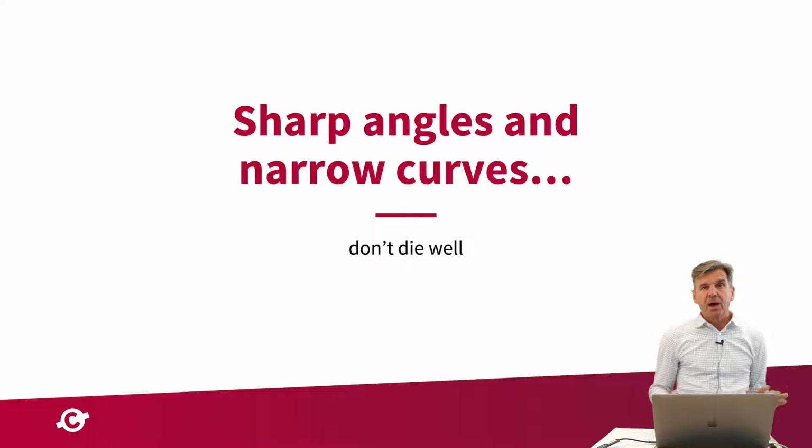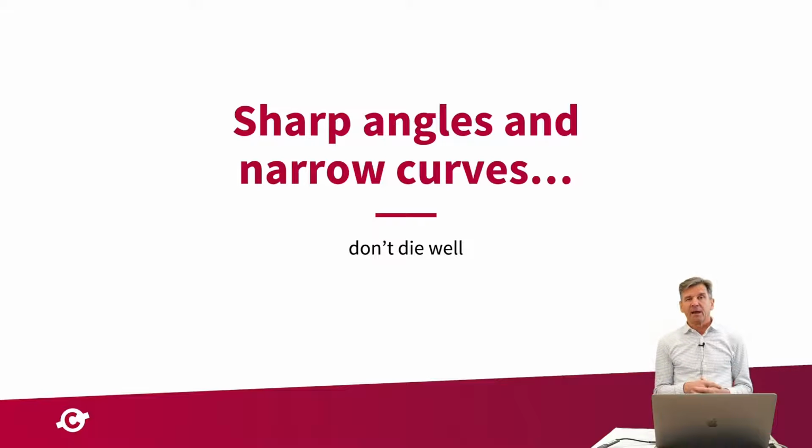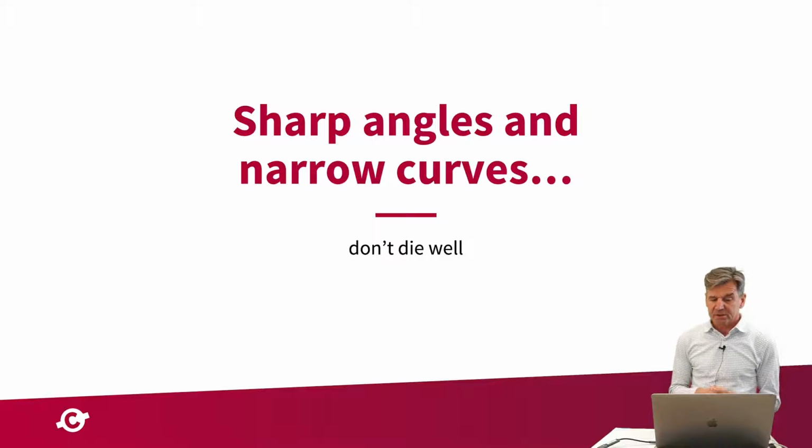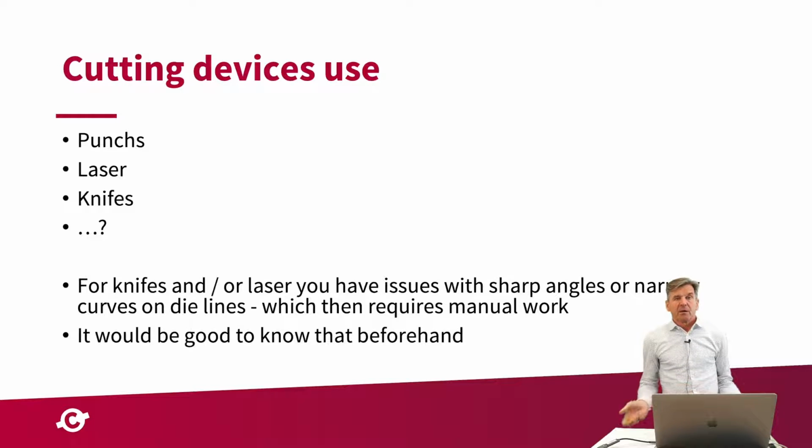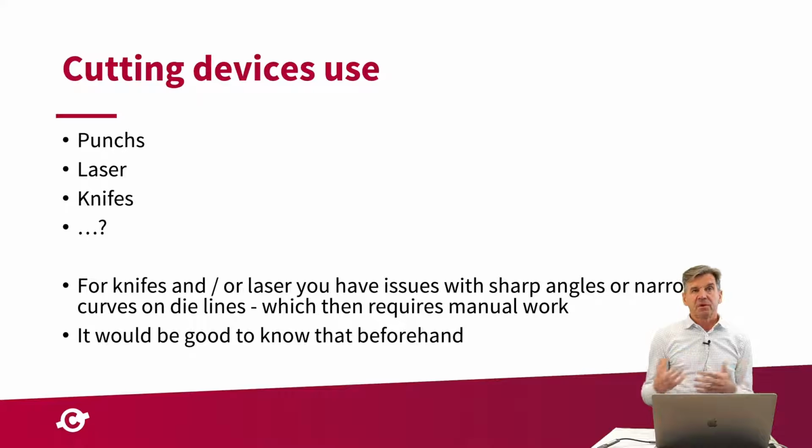Next one. Now that we have our die line for production, we may want to double check whether it's okay, whether we can work with it, whether our cutting machine will be able to deal with it. That obviously depends on the cutting machine that we're using. There are several kinds of cutting machines.